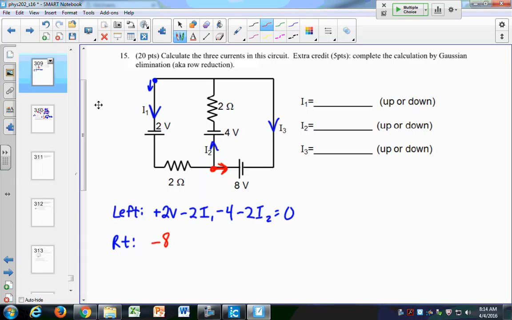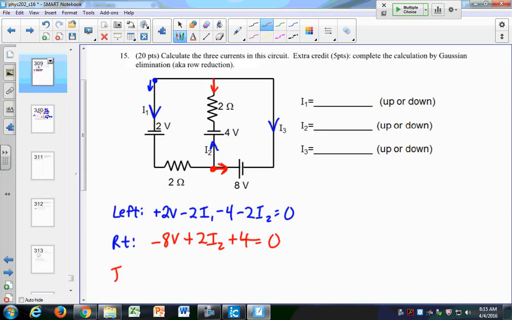Minus. Minus 8 volts. It's negative because I'm going from big to little, from high to low. If I ever go from high to low potential, I get a negative value for my change in potential. And then here, plus or minus 2I2? It is plus, good. Plus 2I2, because I'm going against the current. And then plus 4. And then that's equal to 0.